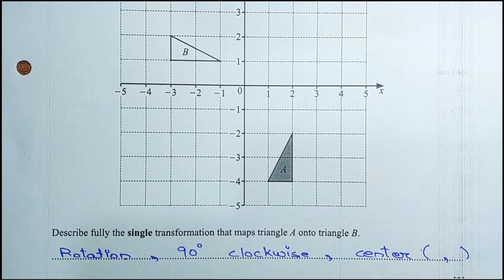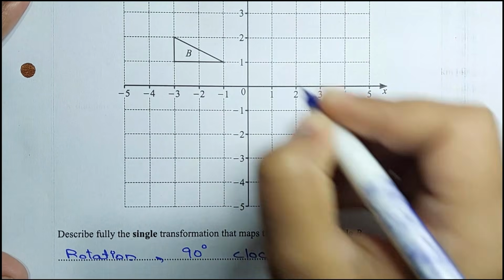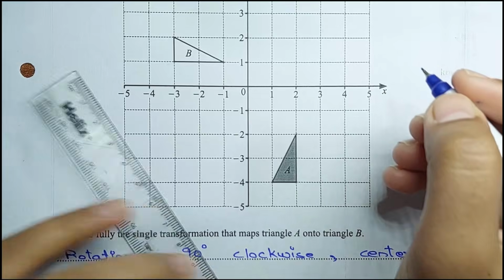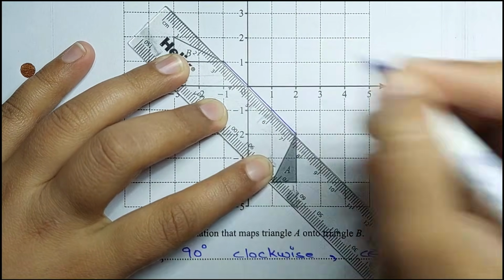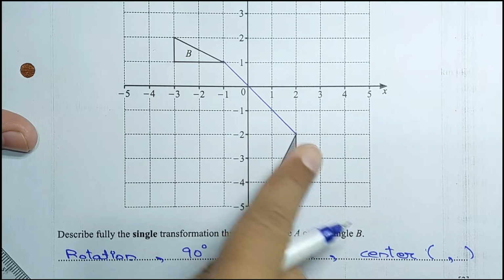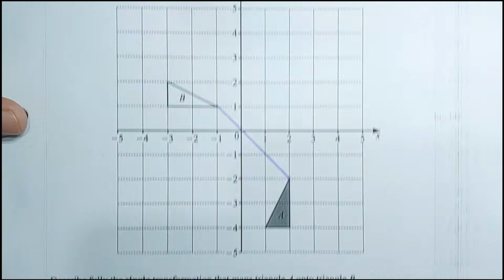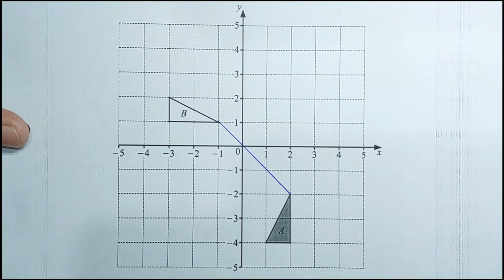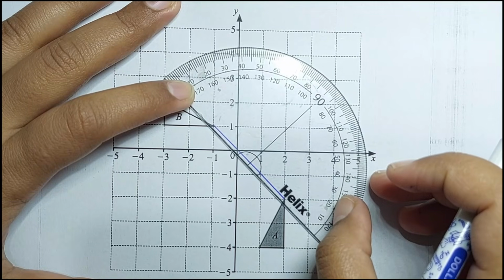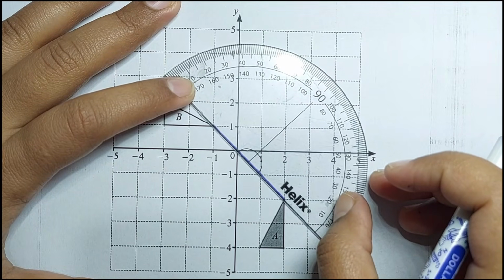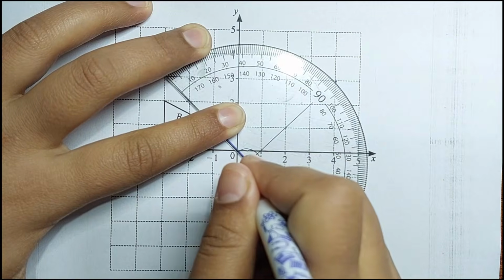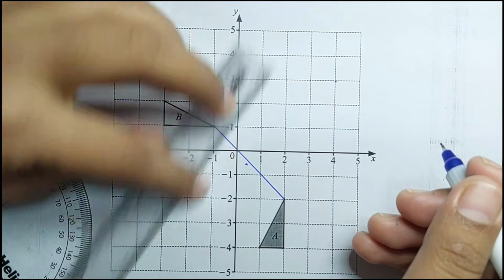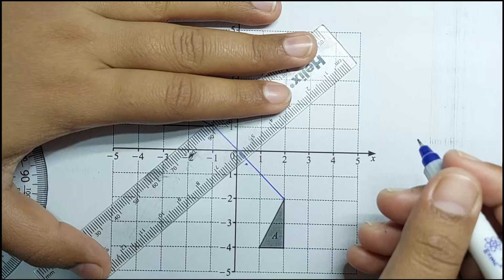Okay, to get the center, let me join the corresponding coordinates of the two shapes. That is the corresponding coordinate, and now let's find out its perpendicular bisector.